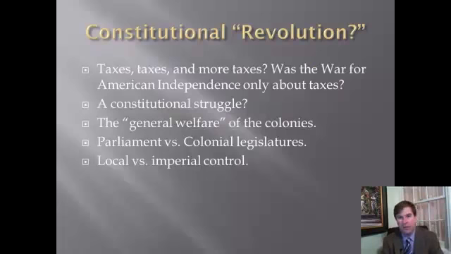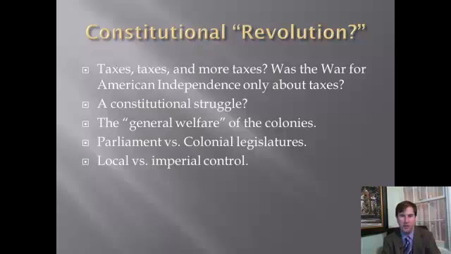You're often told that the American War for Independence was a war over taxes. So taxes, taxes, and more taxes. Well, of course, that was part of it. But that was an issue within this constitutional crisis. The founding generation weren't concerned about paying taxes. They didn't want to pay taxes that were unconstitutionally levied on them.